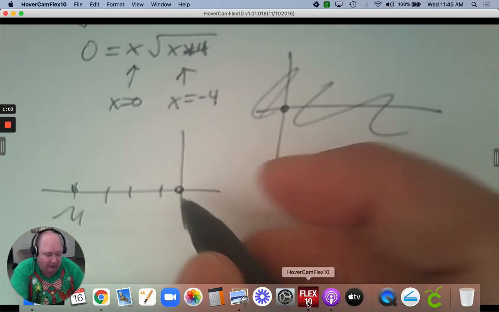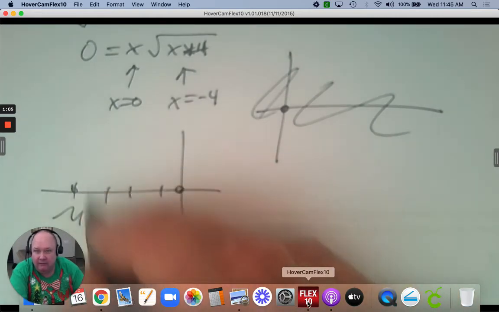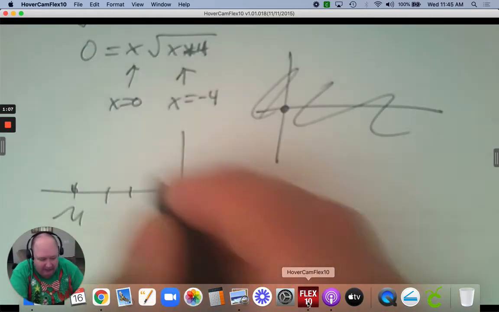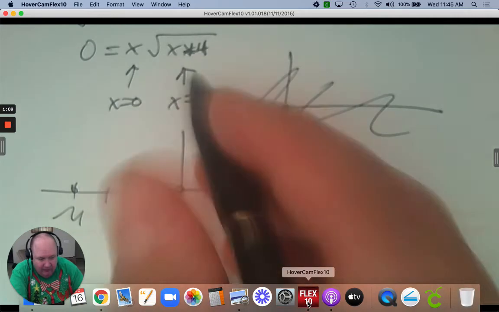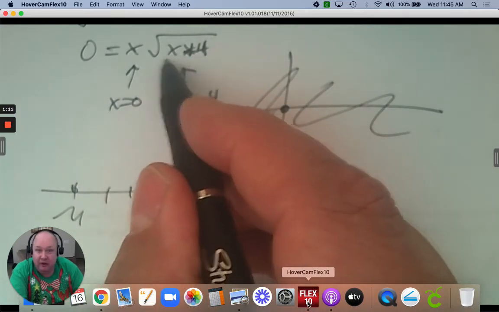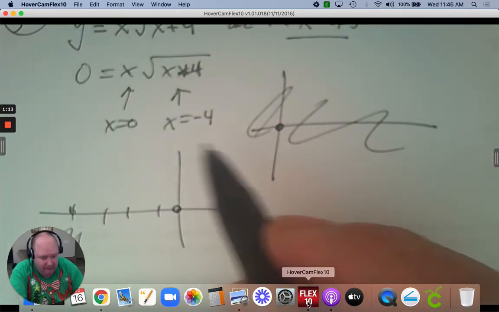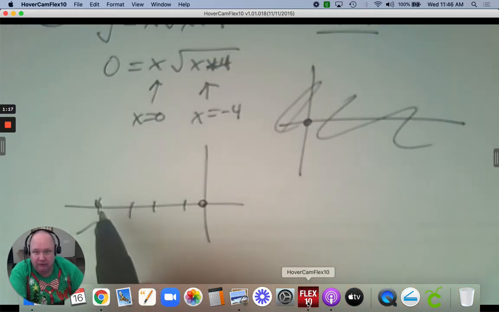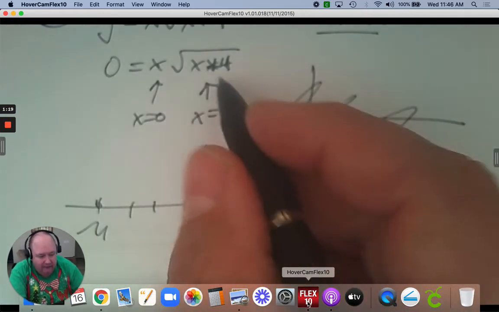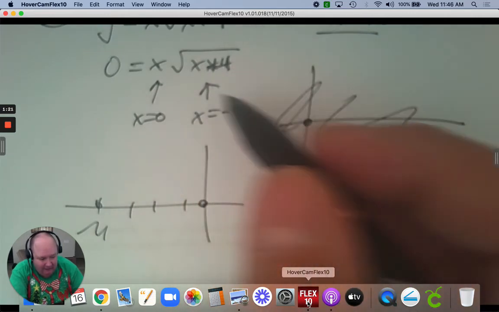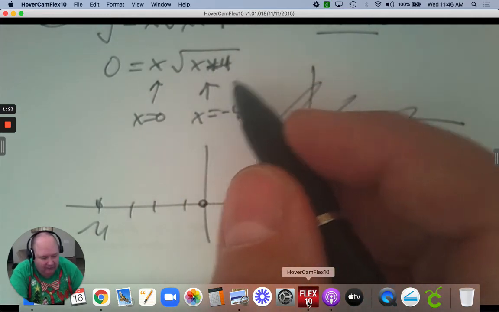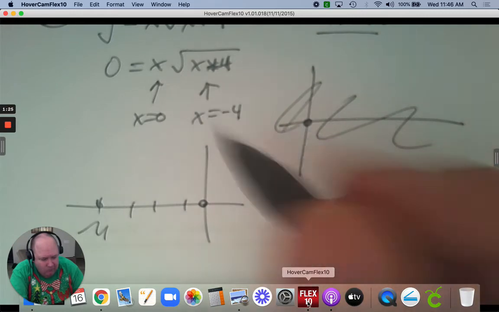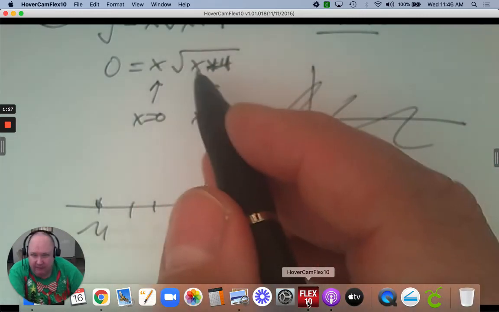Then the question is, is the curve above or below? It doesn't really matter how high or low it is. Obviously, whatever number you plug in here from 0 to negative 4, is it going to be a negative answer or a positive answer?